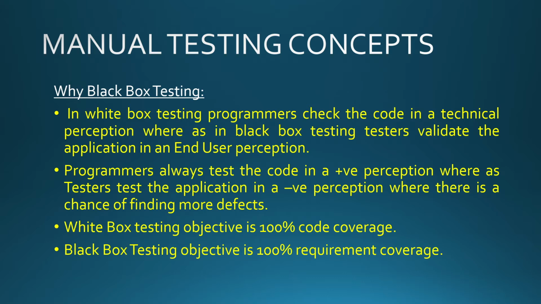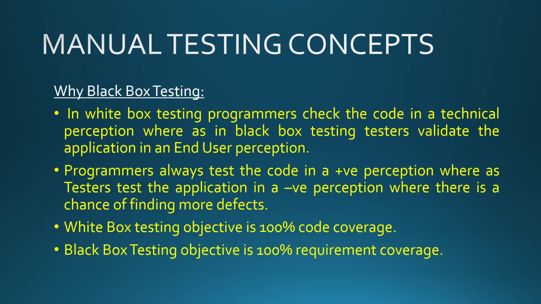So white box testing's objective is 100% code coverage, whereas black box testing's objective is 100% requirement coverage, that is, whether all the requirements are met properly or not, as per the customer requirements.